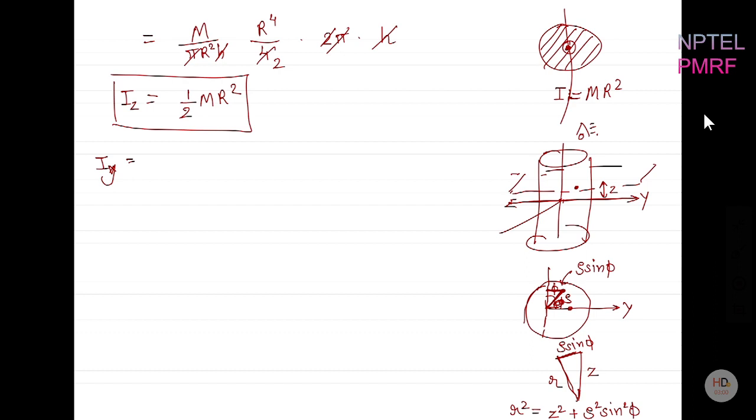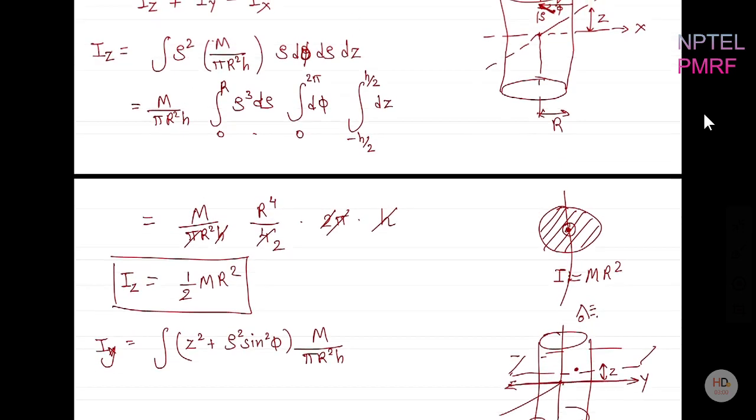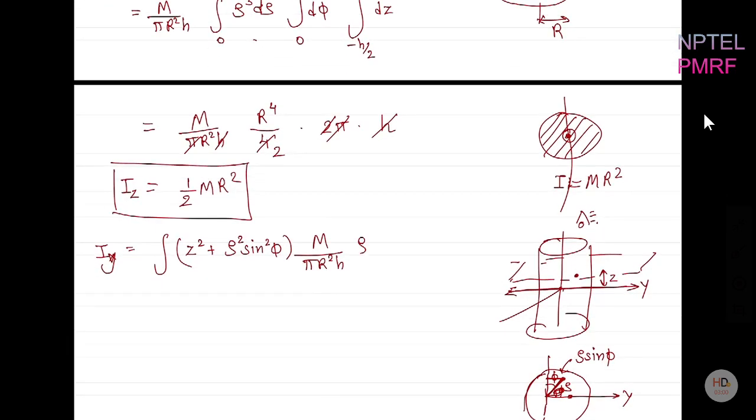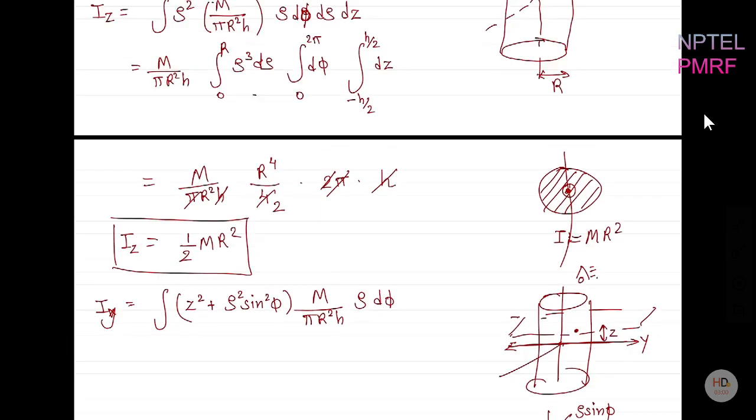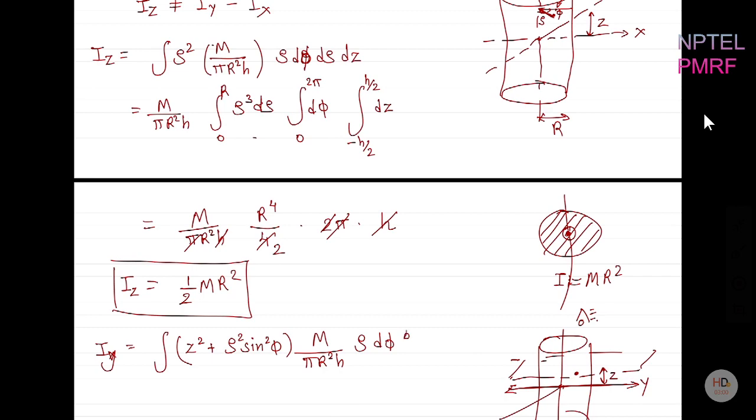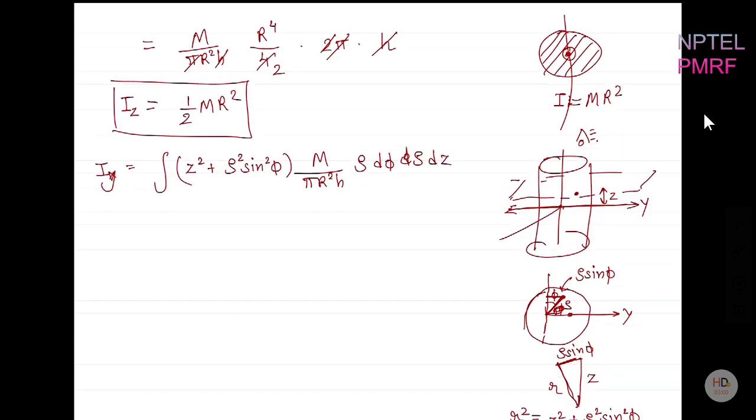Okay. So now this is the integral of r square, which is z square plus rho square sine square phi, times dm, which was m by pi r square h, and the same volume element rho d phi d rho dz. Okay.